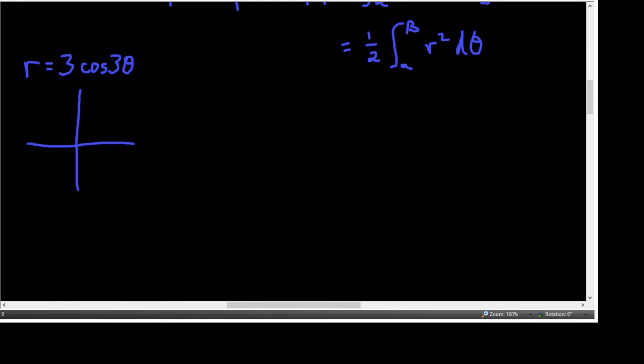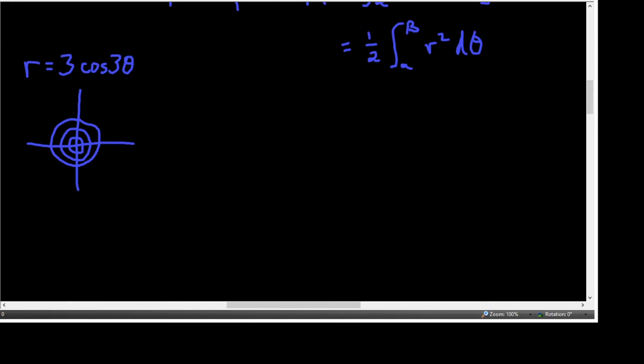And the coefficient 3 in front of cosine theta says I'll multiply my largest value of cosine, which is 1, by 3, which means that the petal will be 3 units long. That'll be the furthest we get away from the pole, a maximum of 3. And of course, when cosine is negative, 3 times the negative number will make r negative, which will put us into the quadrant 180 degrees out.